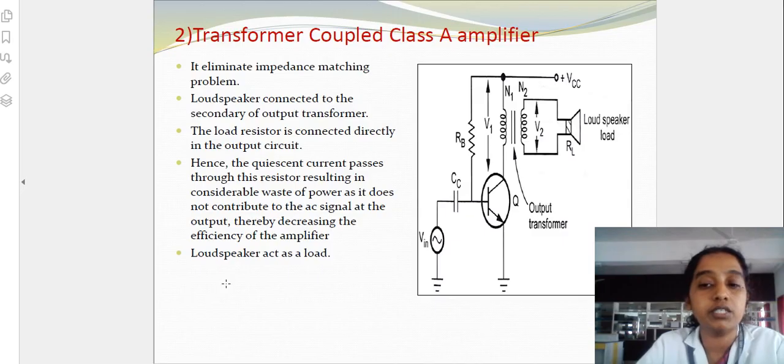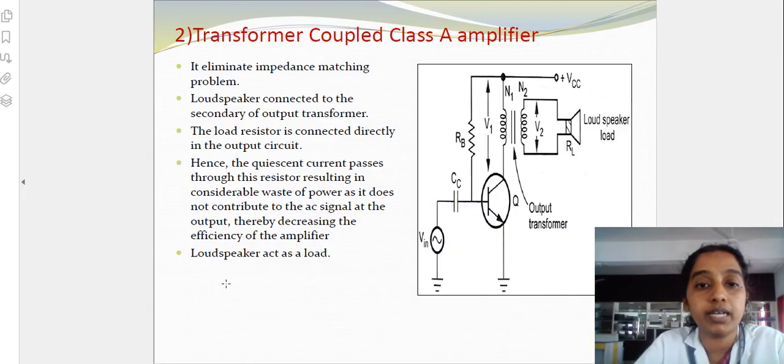So this is the transformer coupled class A. In the previous case, the load was directly given in the collector circuit. Here, now we are giving a transformer to the load, and I am going to keep a loudspeaker connected to the secondary of the output transformer.